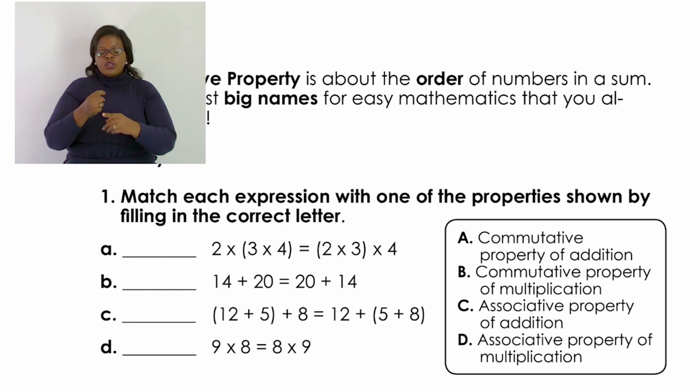B is also commutative, but it only has multiplication. And then C is associative property of addition. And then D is associative property of multiplication. All right? Notice that all 4 are different. Now, one of the key things that I want to give you is this. Commutative property.